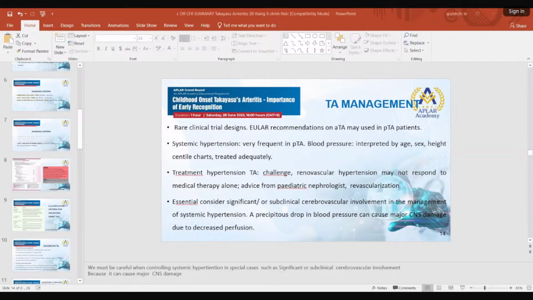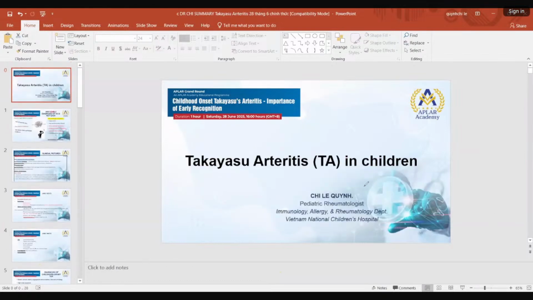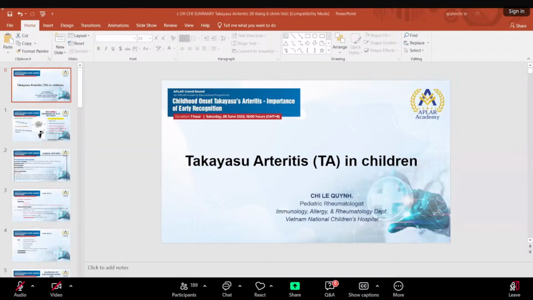Okay, do you have any problem, Dr. Lê? Dr. Ha, can you stop your sharing? I see your screen already, but it's not shown yet. Could you please show it up? Can you see my screen? Yes, I can see it, but the slide is still in normal view, not presenting view.